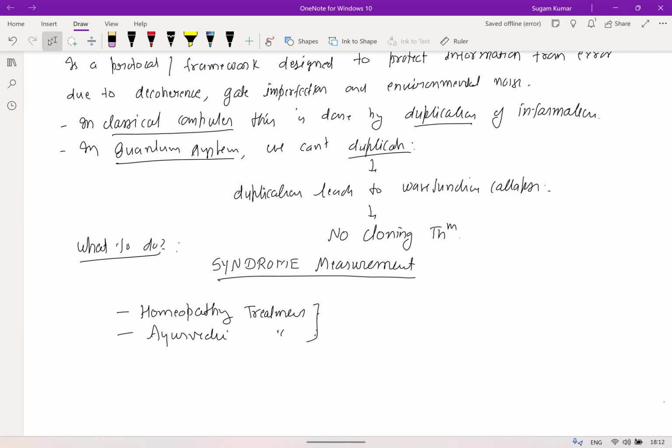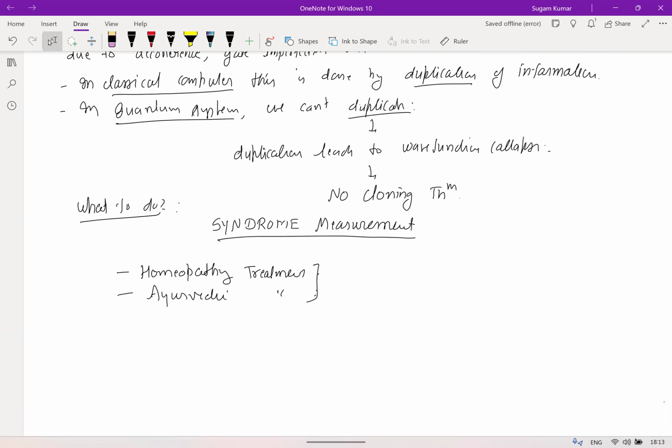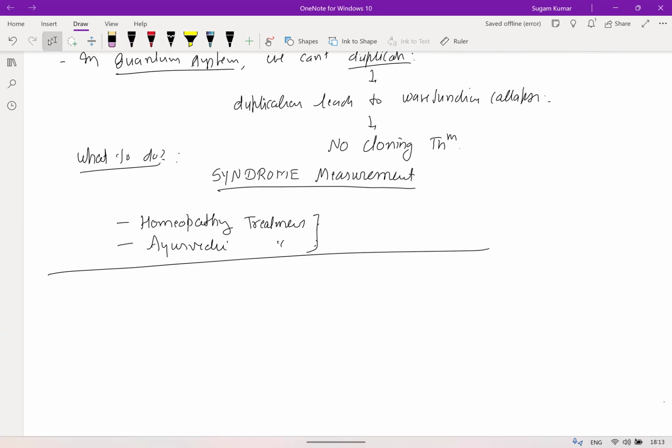By asking more and more questions, if the doctor is very experienced, he may come to the conclusion that this coughing is because of regular flu or some other disease, and accordingly he can provide you a medicine. This is exactly what we also do in the quantum computer for error correction. A similar kind of pattern we generally follow, which I will explain to you.